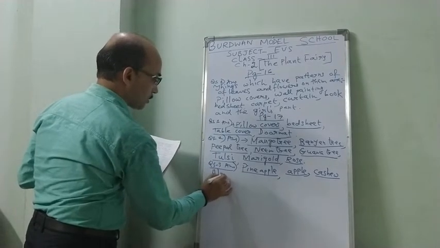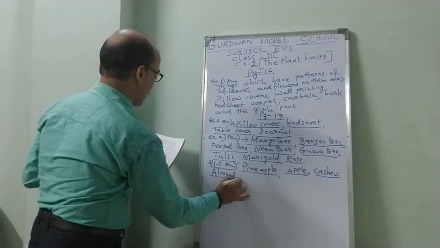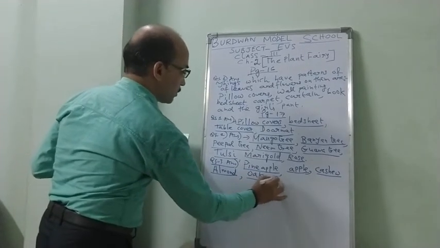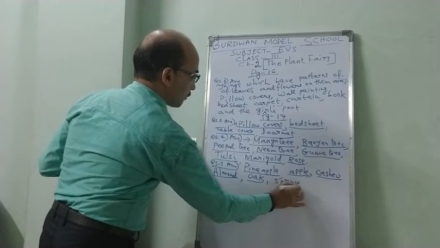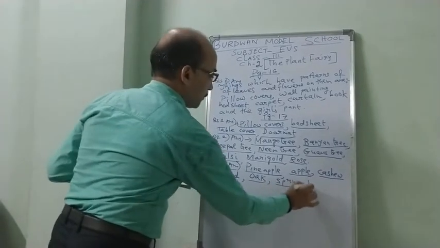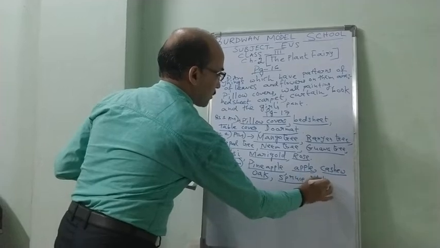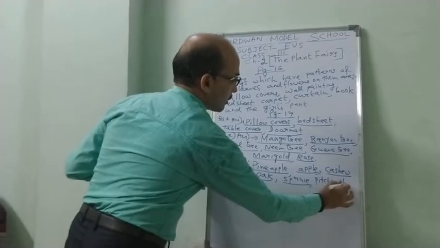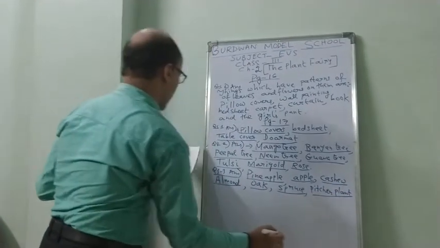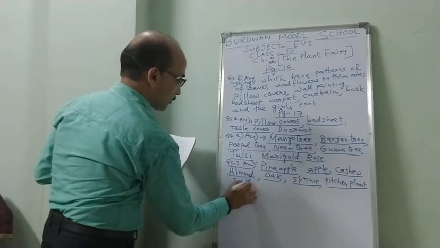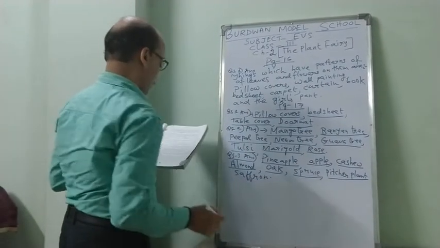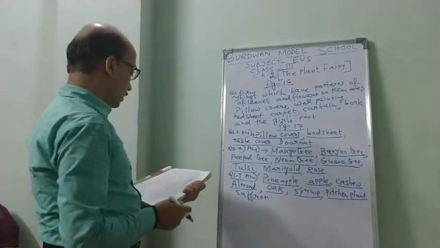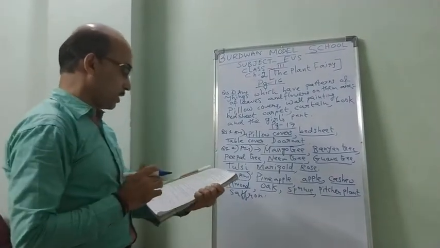Almond. Oak. Spruce. Pitcher plant, I have heard the name, insectivorous plant. Saffron. Then another question is there.